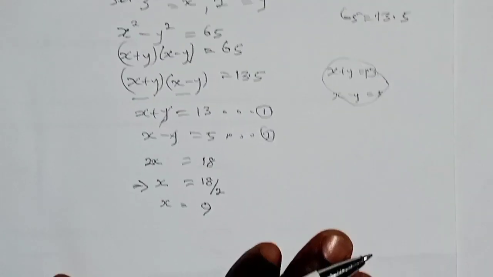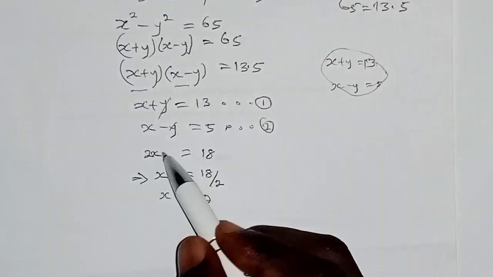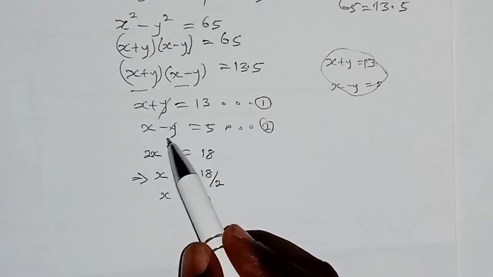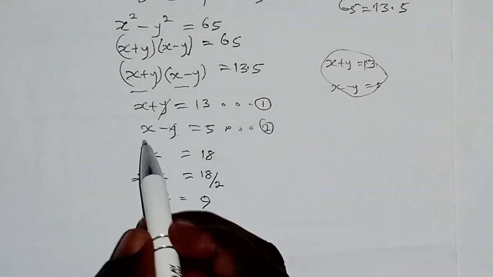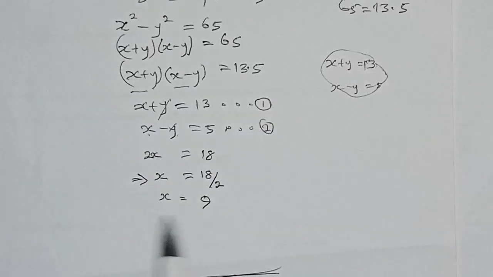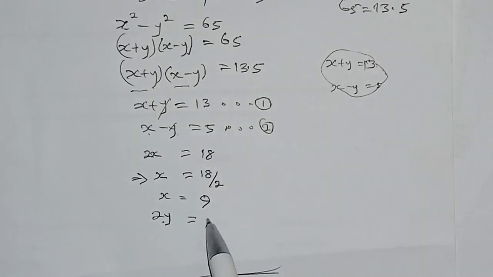Now moving further, to get my y, what I'm going to do is subtract equation 2 from equation 1. If I do that, the x terms cancel. y minus negative y will give me 2y is equal to 13 minus 5, which is 8.